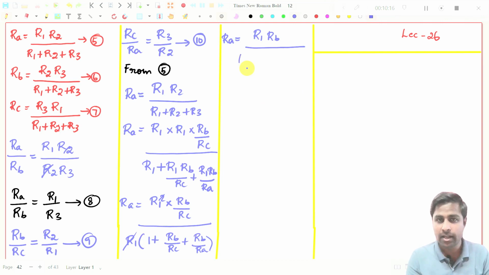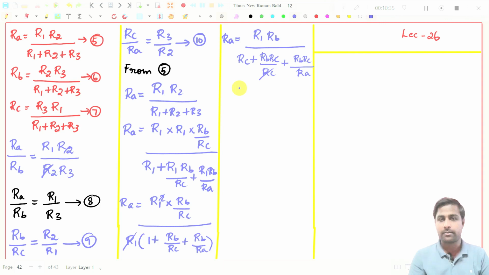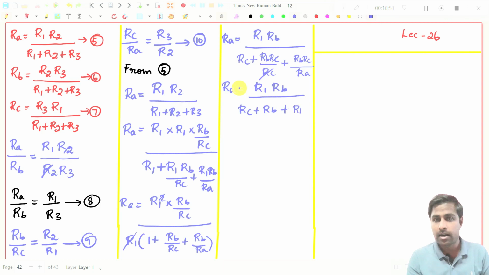So what you will get: RC plus RB RC divided by RA, right? We can easily cancel these two expressions. So we will get RA is equal to R1 RB whole divided by RC plus RB plus RB RC divided by RA.